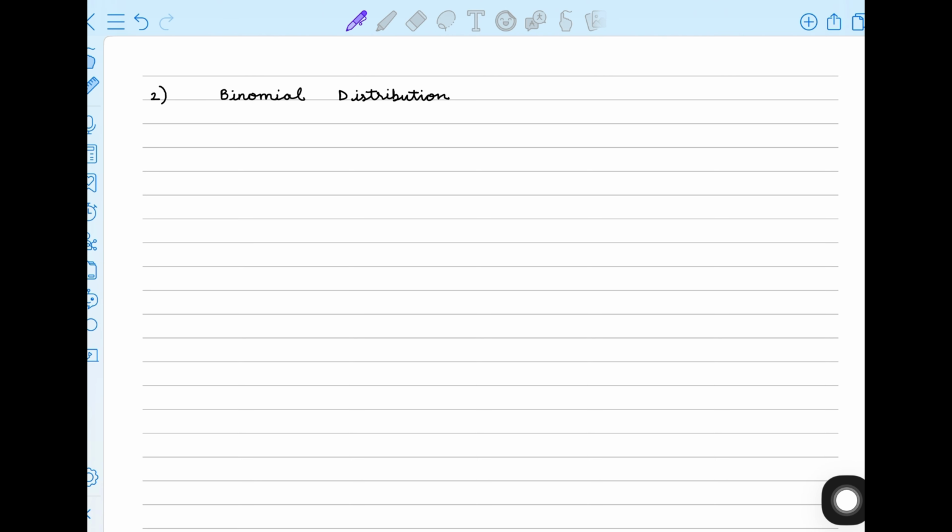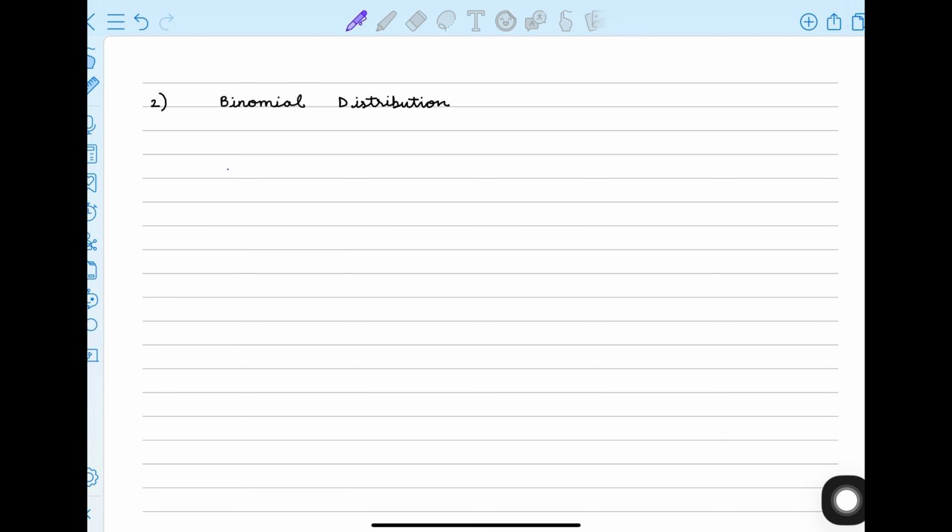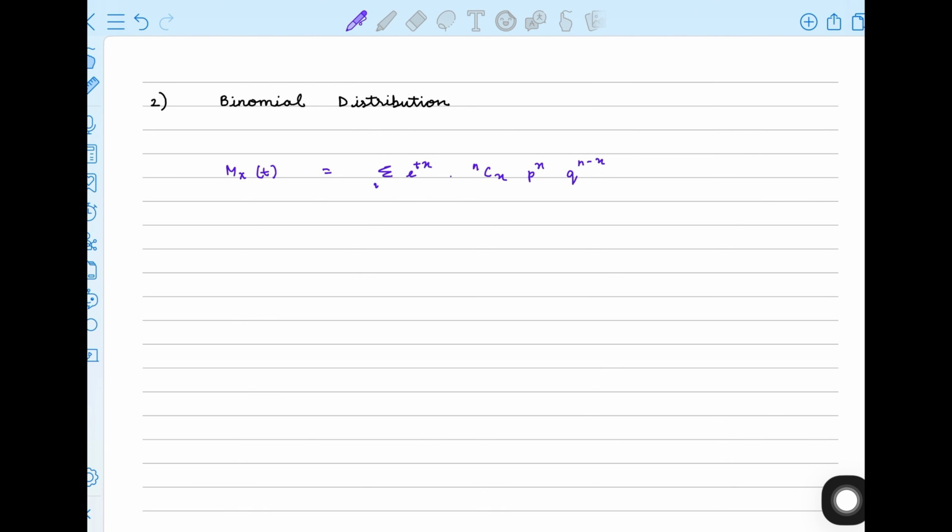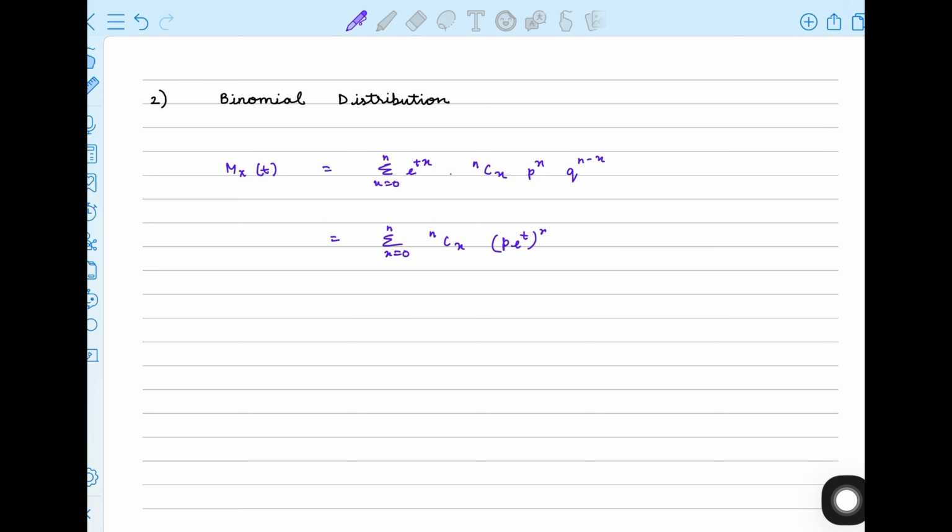Let's move on to the binomial distribution. The MGF is given by the summation of e to the power tx times the probability mass function. On observing closely, this result matches the binomial theorem.